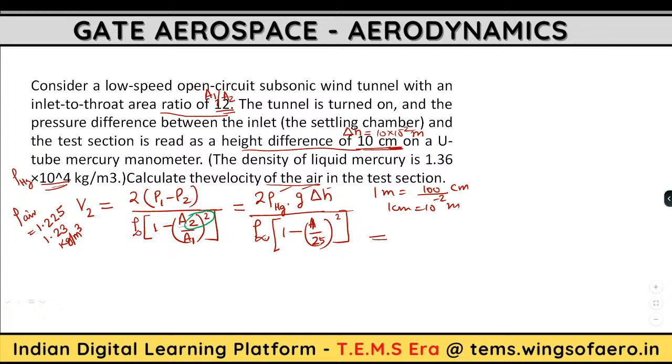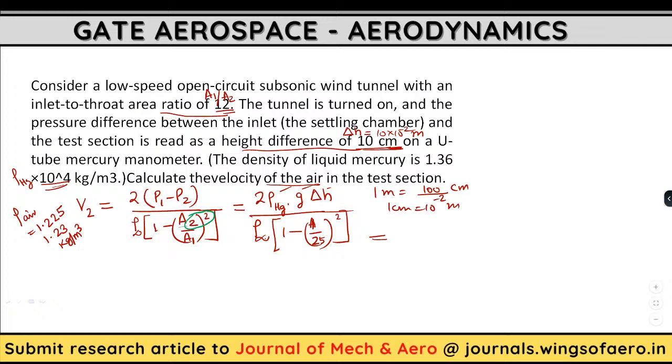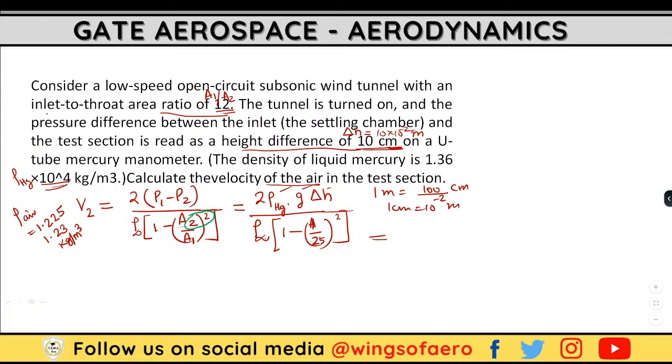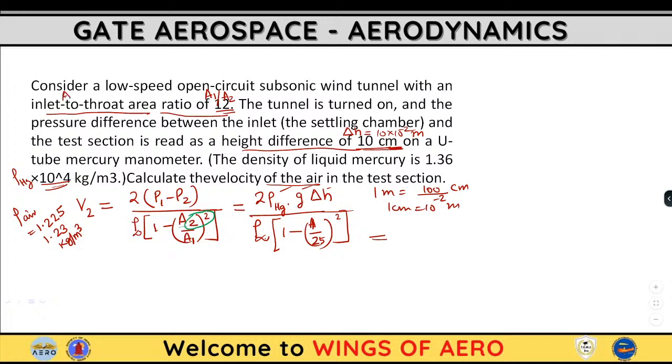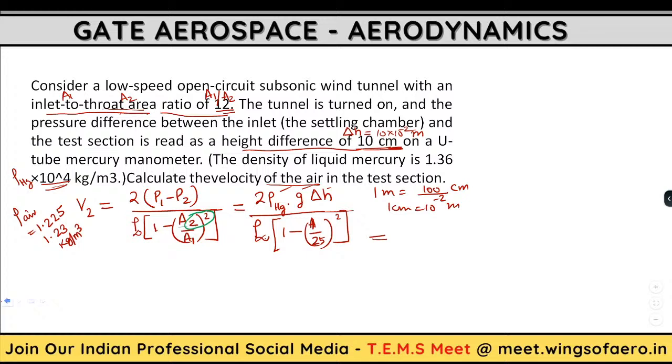Excuse me, ma'am. Yes, please. Ma'am, in the formula itself it's 1 by 25, ma'am? Yes. Okay, see the question, they have given the inlet to throat. That means the inlet is A1, the throat is A2. They are not telling the test section, they are telling the throat. So if you look at the diagram, what is the throat?